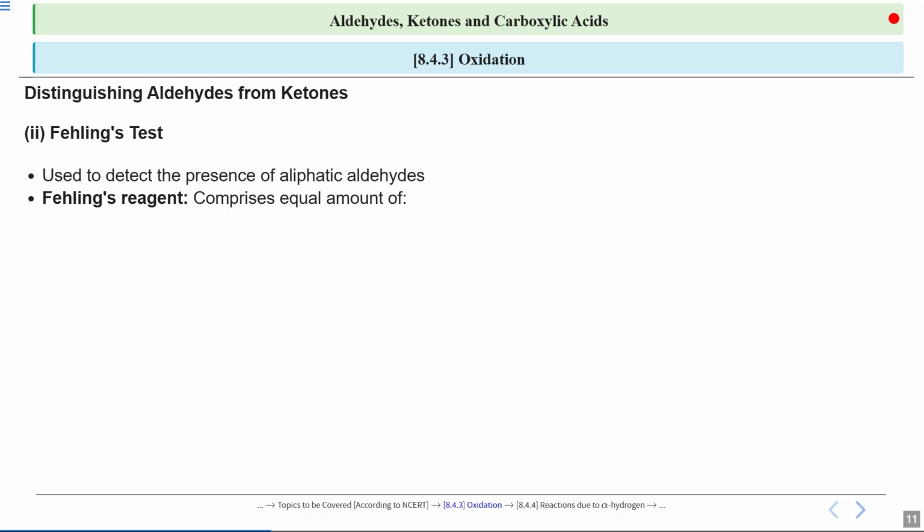Now, Fehling reagent is made up of two solutions which are mixed in equal amounts. Let us see what those solutions are. The first component is Fehling solution A, an aqueous solution of copper sulfate, which is CuSO4.